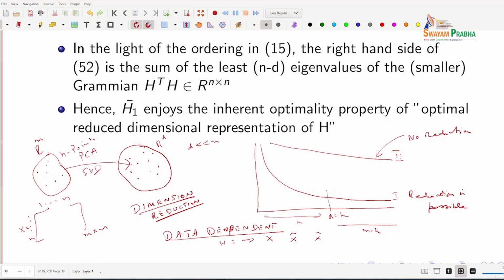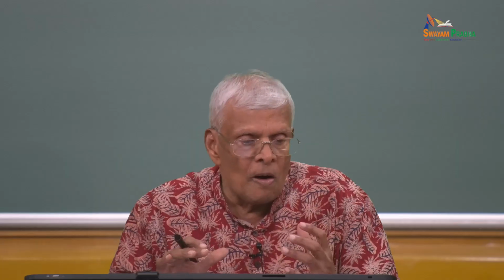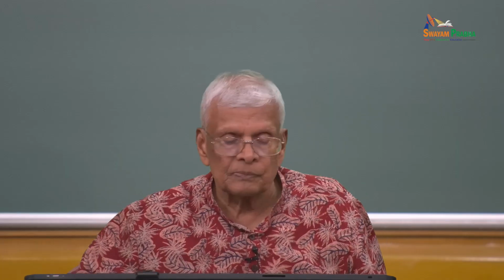So every analysis depends on the SVD of H, which is either X or X tilde, X hat. And these are the different ways of representing the data. So this is the data dependent representation. It's an optimal representation. And these are the two basic properties of PCA as a tool for dimensional reduction.